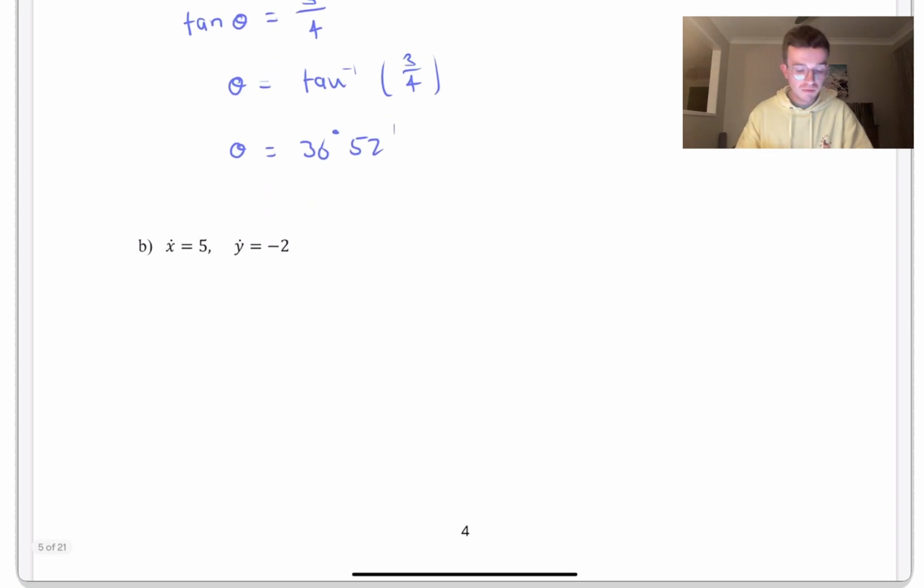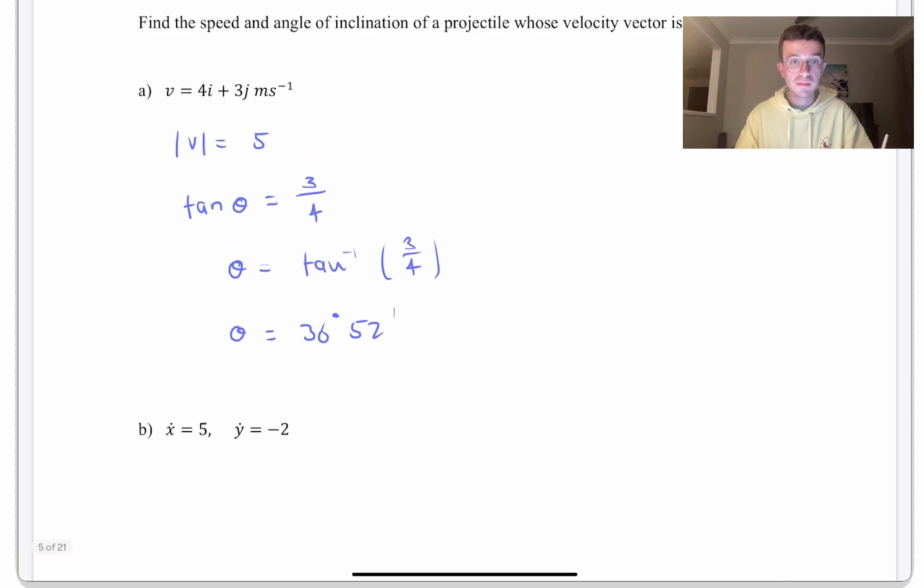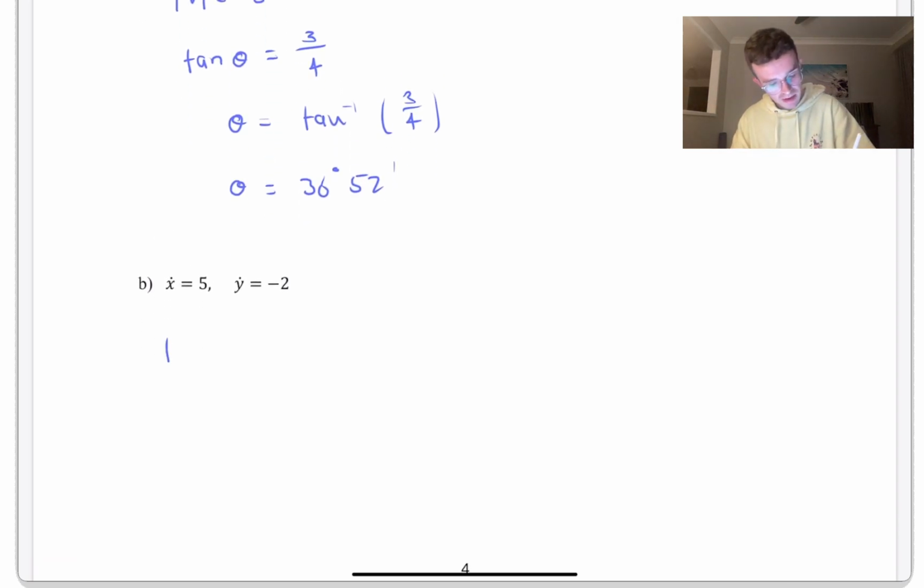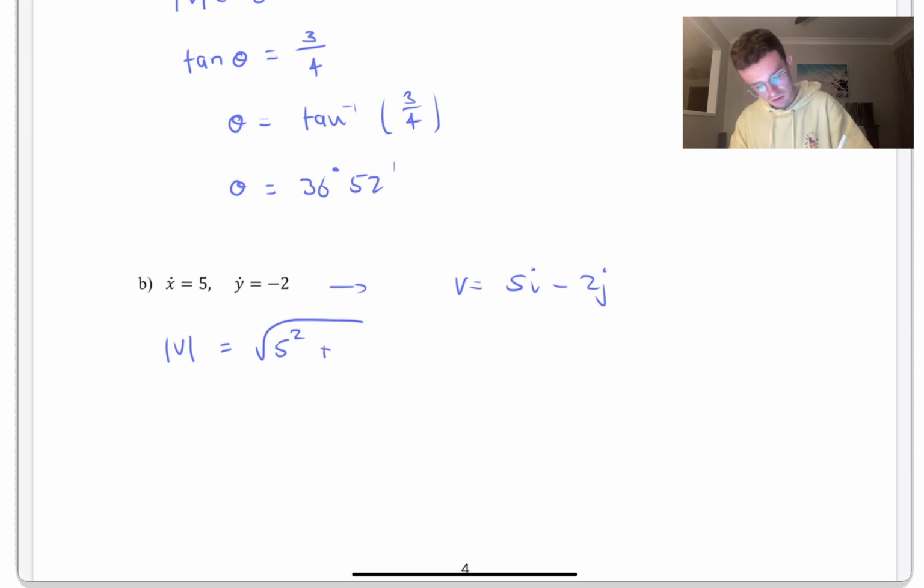Okay, x dot is 5, y dot is minus 2. So this is now in our parameterized form. This is in vector form in part A. So we're looking at the magnitude of the vector 5i minus 2j. The magnitude is going to be the square root of 5 squared plus minus 2 all squared, which is positive 4, so root 29.